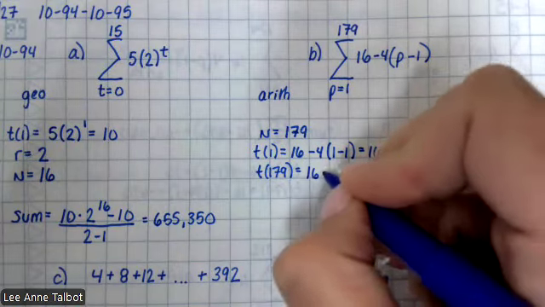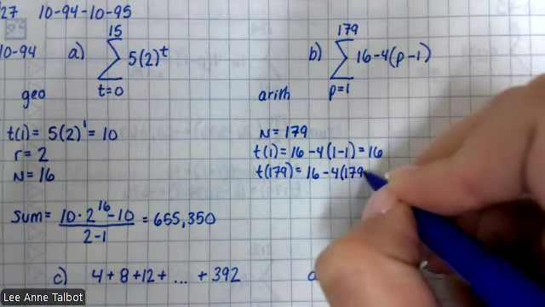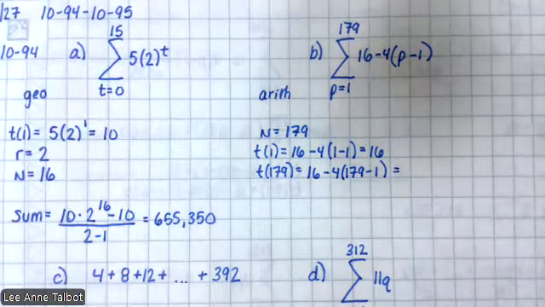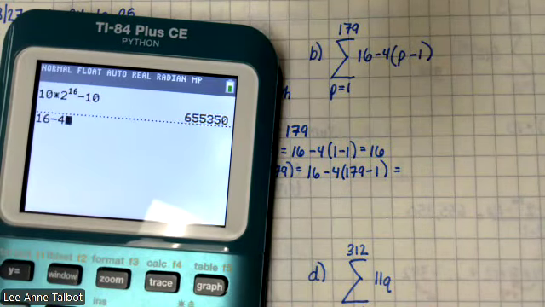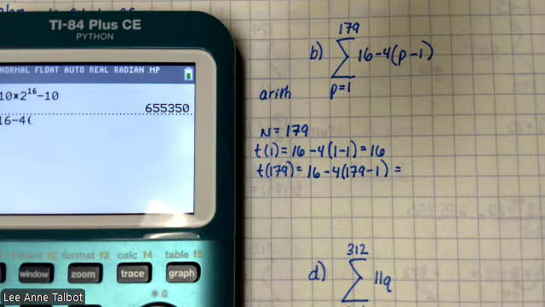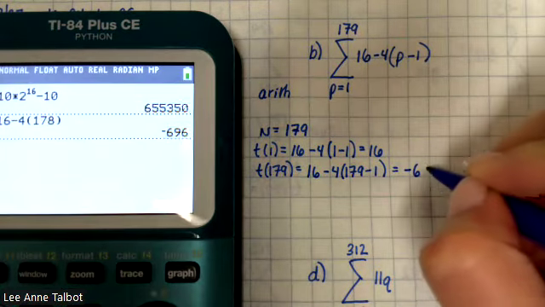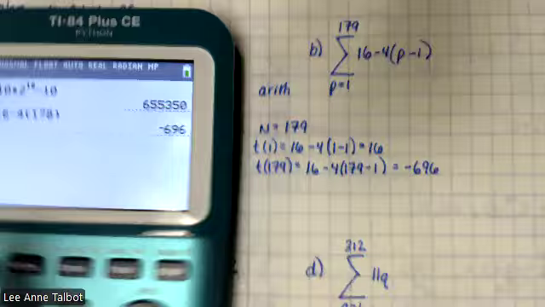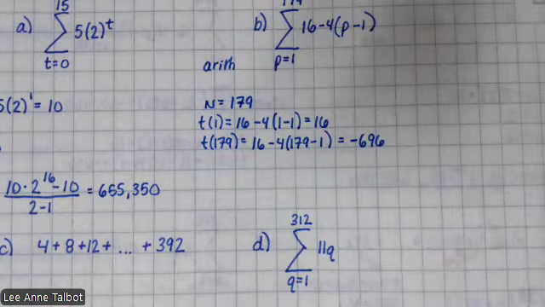And then 16 minus 4 times 179 minus 1, which is probably a really big number, I'm thinking. Well, it's got 4 times 178 in it. Really small number, yeah. Really big value, really small number.